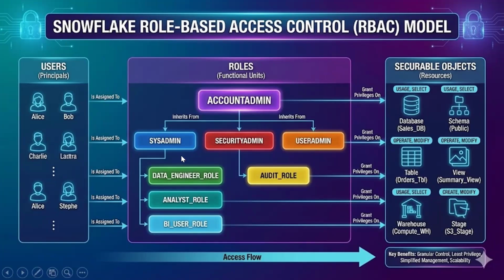So here maybe Charlie, I want him to be security admin. And Bob, I want to be user admin. So I will assign user admin to Bob, and security admin to Charlie. And I want Alice to be a secondary account admin, so I will grant the account admin role to Alice. In my absence, she will take care of my role and responsibilities.